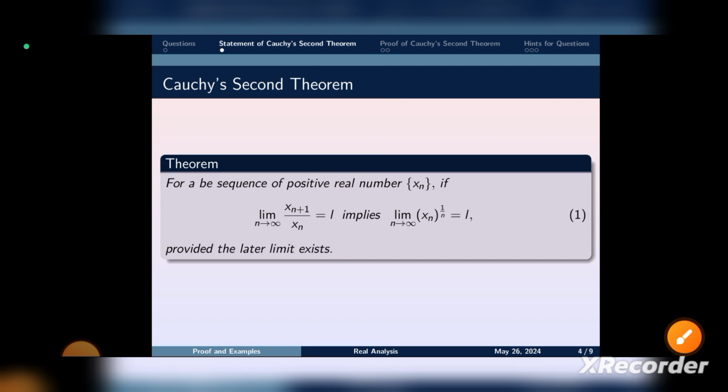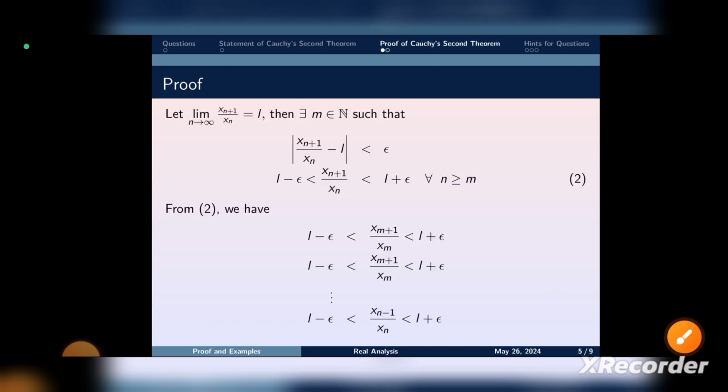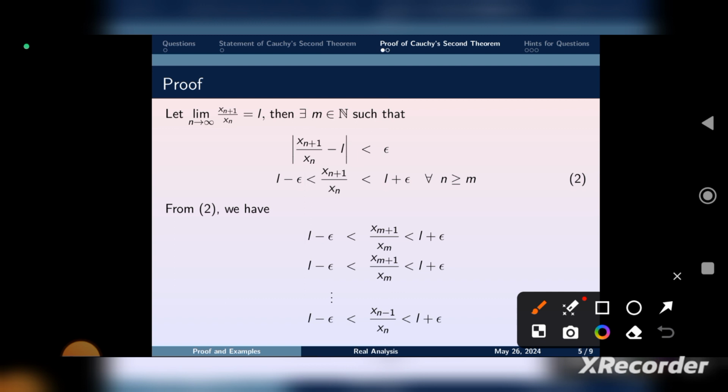So we will assume that this limit exists. If the limit of xn plus 1 by xn is L, this implies for any epsilon there exists a natural number such that an minus L is less than epsilon.